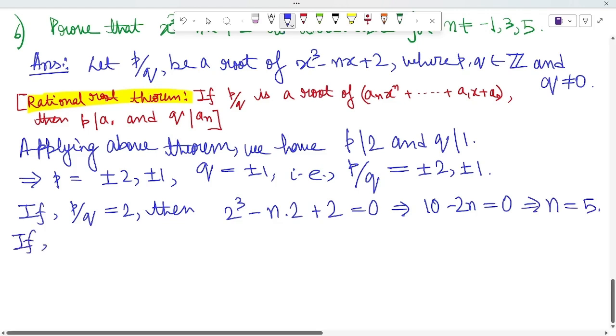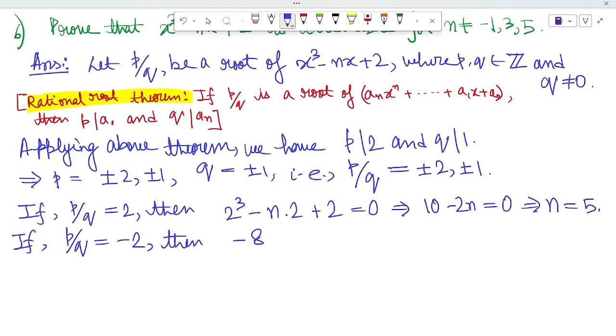If P by Q equal to minus 2, then minus 8 plus 2n plus 2 equal to 0, which implies that n equal to 3.